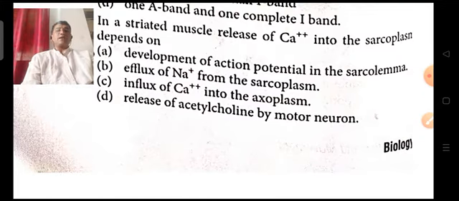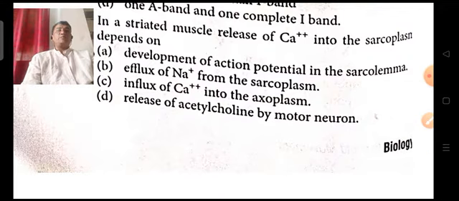Then calcium binds to the subunit troponin C on the actin filaments and activates it. Activated actin binds to the myosin head and forms a cross bridge.